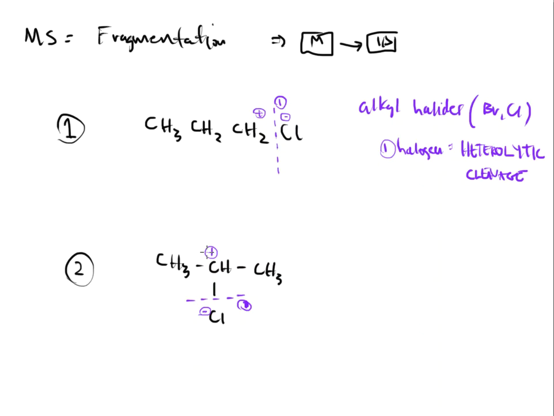The second option is at the alpha carbon. And if it cleaves at the alpha carbon, this is what we would call a homolytic cleavage.